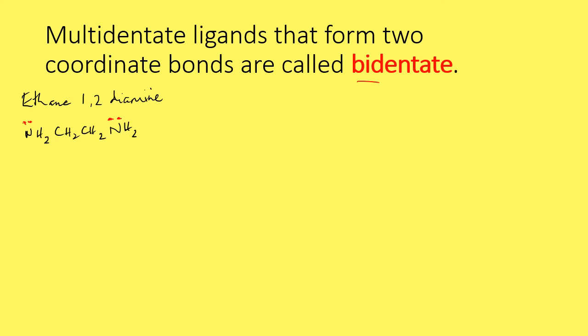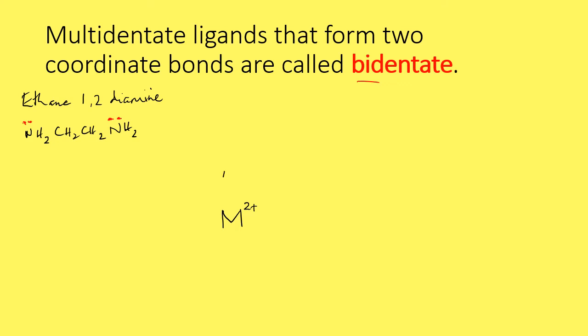So let's draw how it might bond with a metal ion. Let's use a generic metal ion. We could call it M2 plus or M3 plus, doesn't matter. So this ethane 1,2-diamine molecule would be arranged like this.